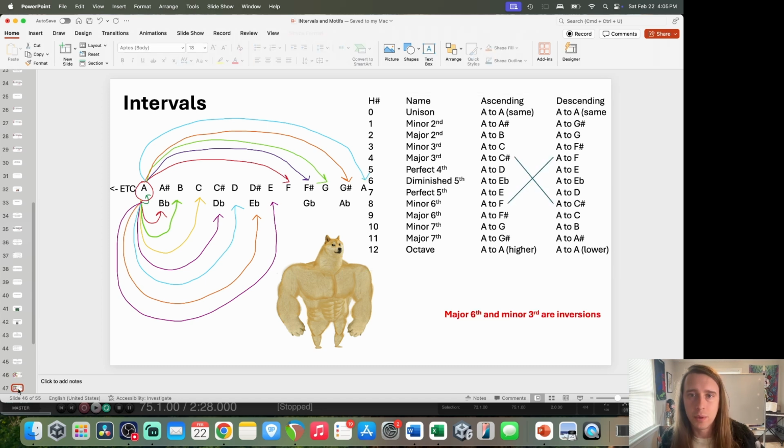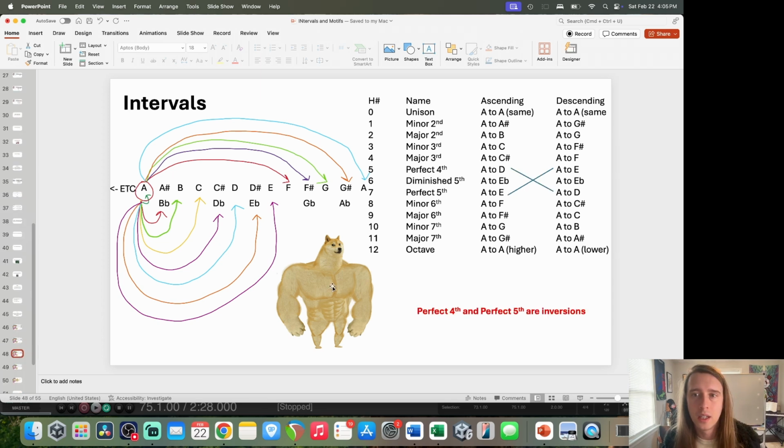Let's try another example. Let's take the major third and the minor sixth. The major third ascending gets you A to C sharp, but a descending minor sixth also gets you A to C sharp. Likewise, a descending major third gets you A to F, and an ascending minor sixth gets you A to F as well. And perfects are inversions too.